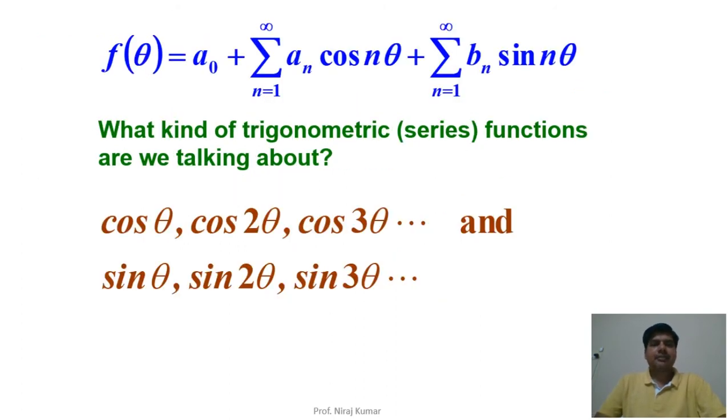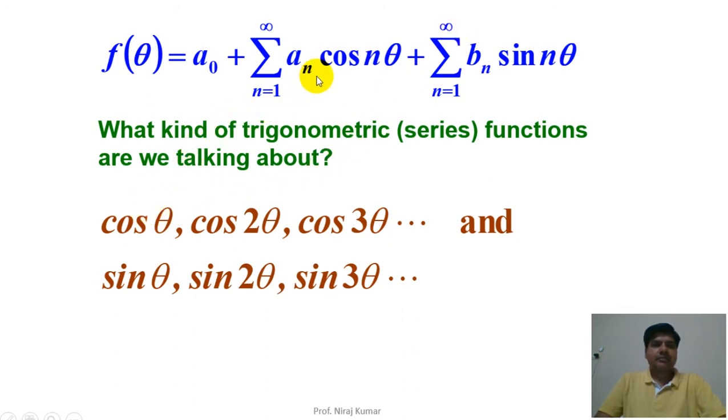Let us assume that a function has periodicity 2 pi. So there are three components in the Fourier series. The first one is a0, the second one is summation of an cos n theta, where n starts from 1 to infinity. Then summation of bn sin n theta, where n starts from 1 to infinity.